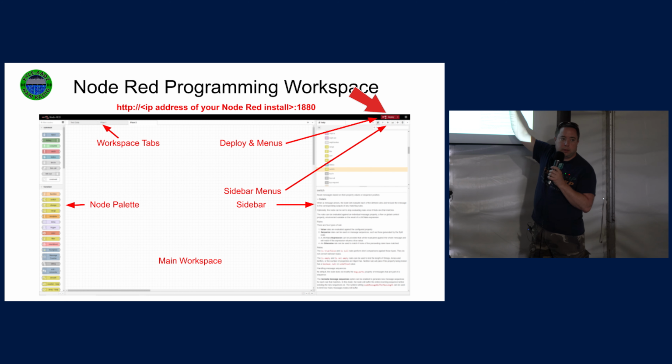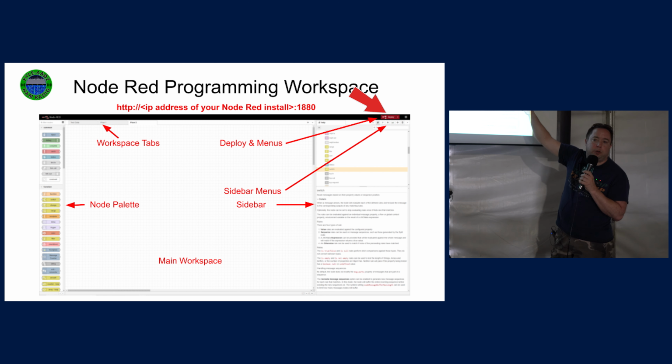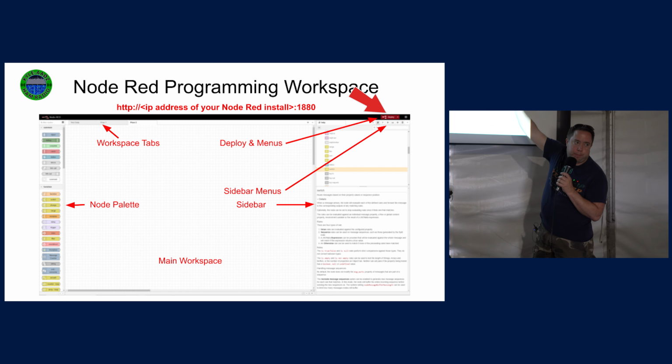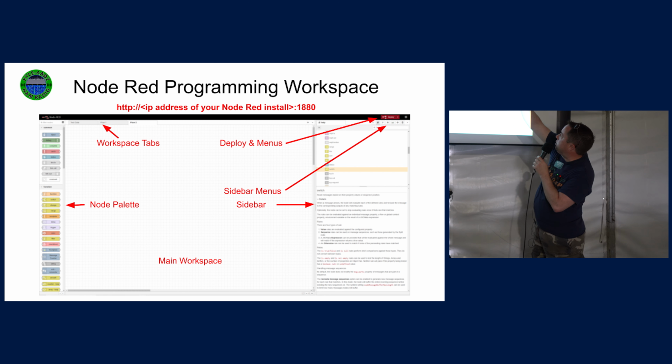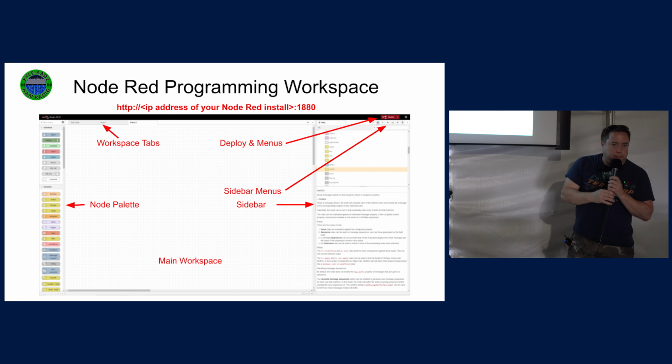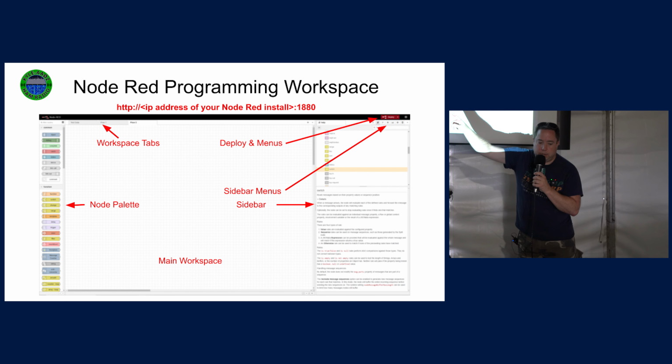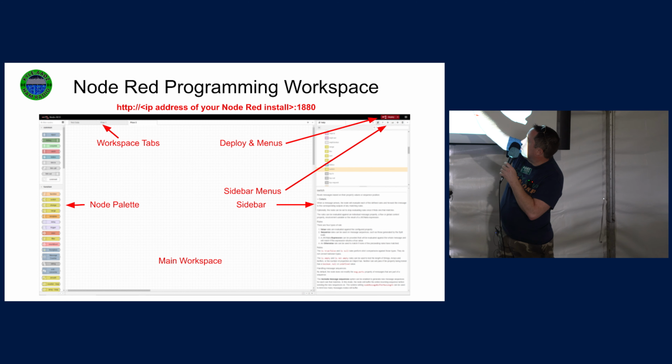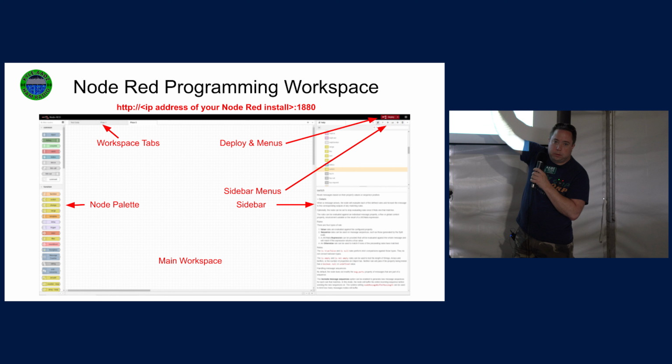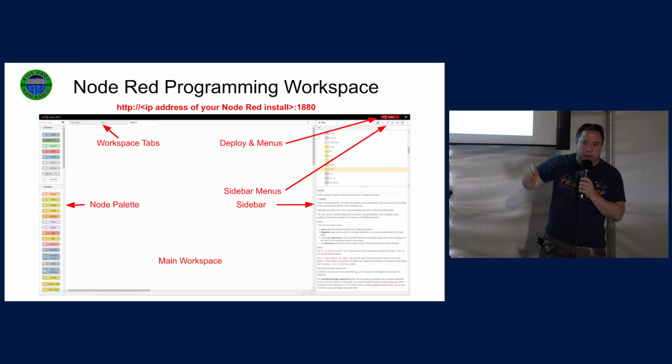After you get to a point where you want to compile your flows, you click the big red button. It's called the deploy button, okay? And then you've got this sidebar up here that we're going to talk about. But again, this screen is at the address of your Node-RED install, :1880, okay?